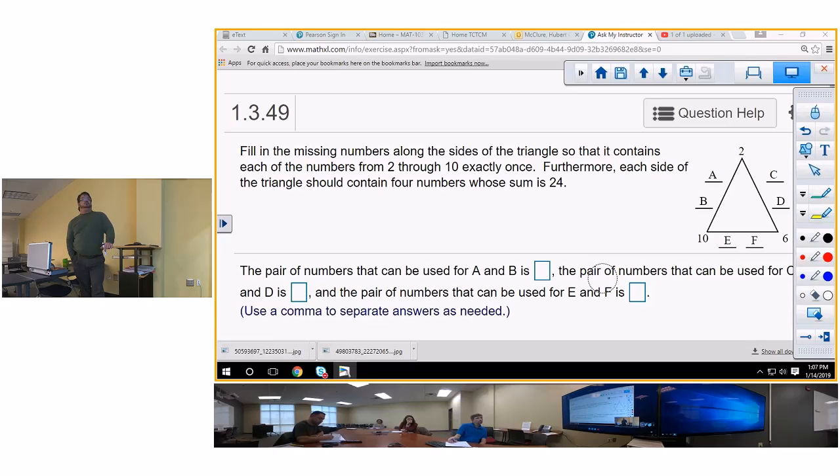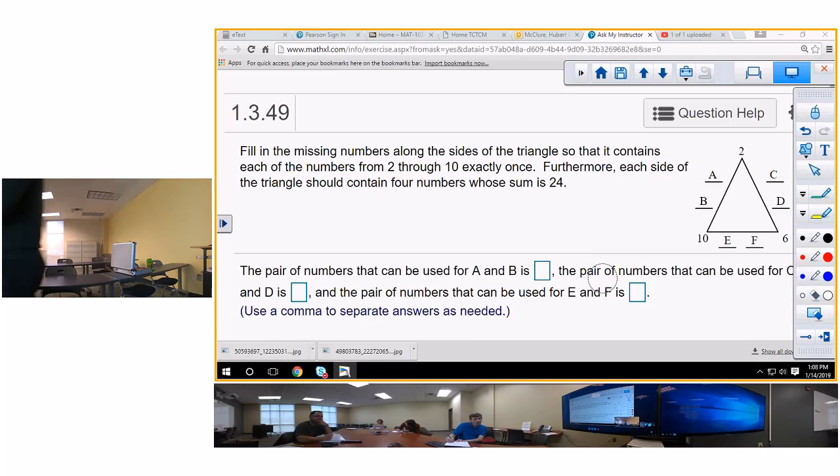Furthermore, each side of the triangle should contain 4 numbers whose sum is 24. Well, first of all, you can't use 2, 10, and 6. And you got to use numbers 2 through 10.